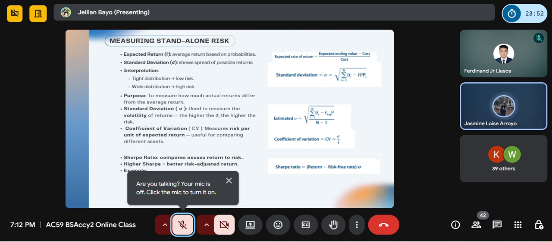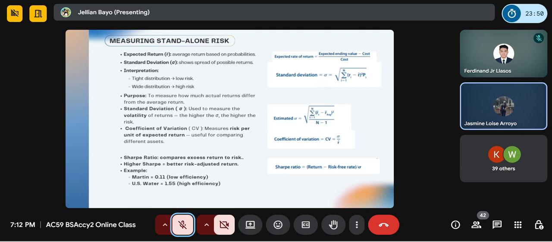Its purpose is to measure how much actual returns differ from your average return. As Jasmine said, the higher the standard deviation, the higher the risk. The coefficient of variation measures risk per unit of expected return. It is useful when comparing different assets, though it is not as good for interpretation.